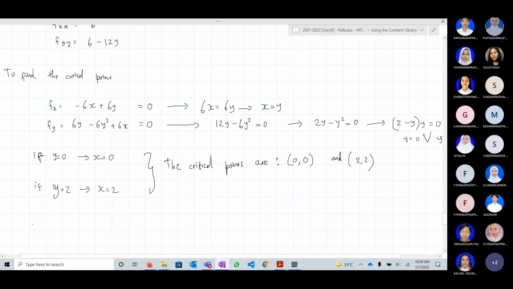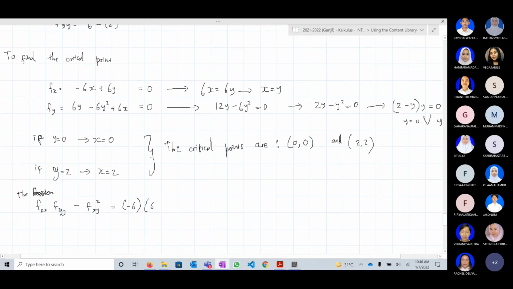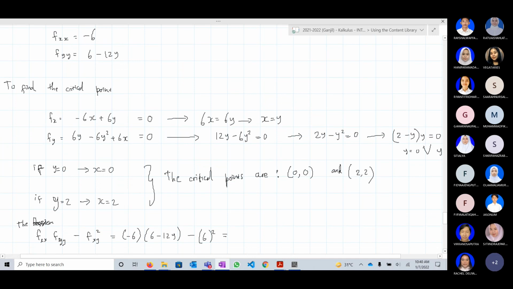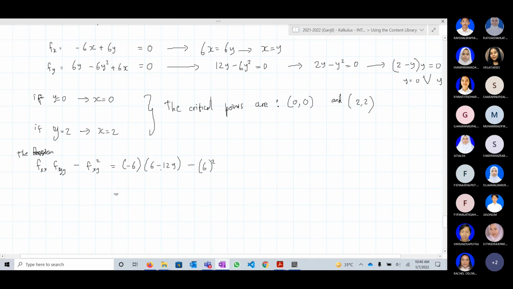Now we find the Hessian: fxx times fyy minus fxy squared is equal to minus 6 times (6 minus 12y), and minus fxy squared. fxy is 6, minus 6 squared, which is equal to minus 6 times (6 minus 12y) minus 36.